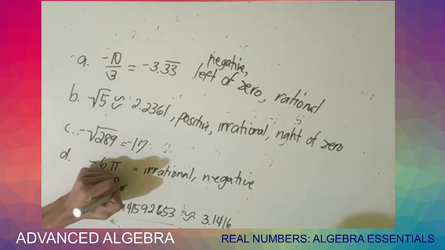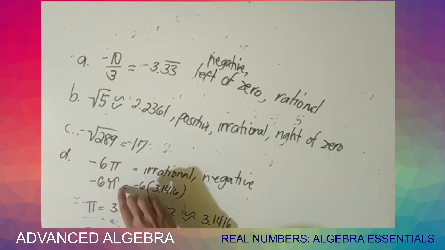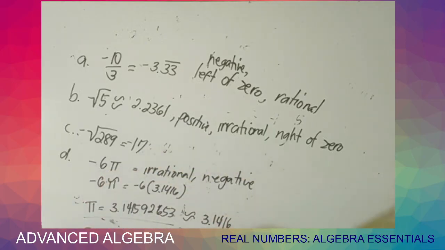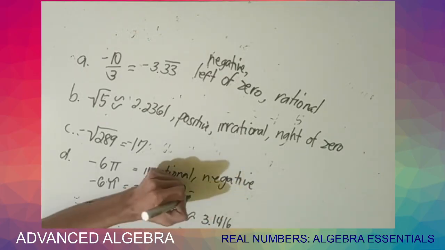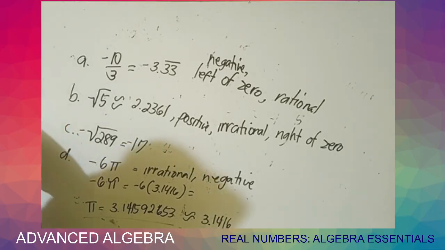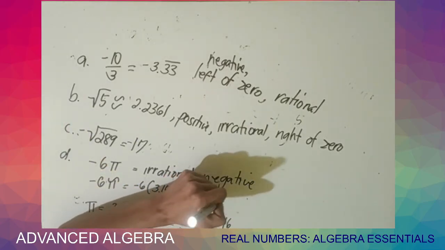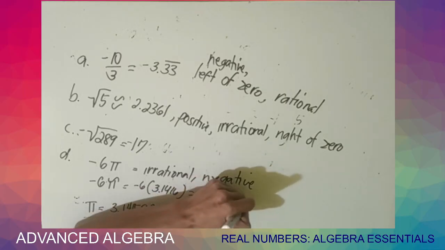So, we just multiply: negative 6 times 3.1416, or we can directly do negative 6 times pi. But if we don't have a calculator with us, just remember that its equivalent in 4 decimal places is 3.1416 when rounded off. Then we multiply it by negative 6. The answer is 3.1416 times negative 6, so negative 18.8496. Okay?